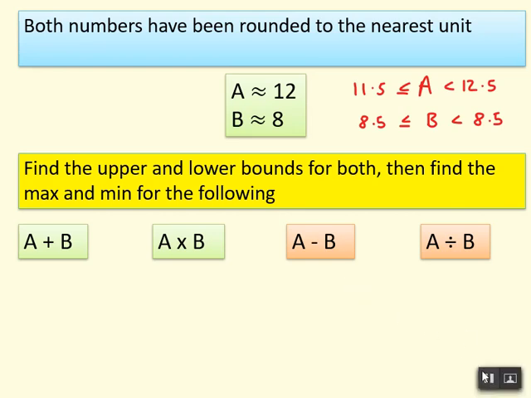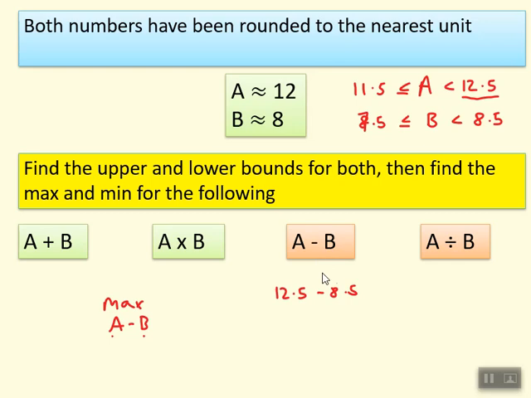Okay, so let's do A take away B first. Now I want to find the maximum possible answer for A take away B. So what's the largest possible number I can get? Now, I'm just going to tell you what it is. Because I'm doing A take away B, you have to take the upper bound of A and then subtract the lower bound. No, I've done the wrong thing there.